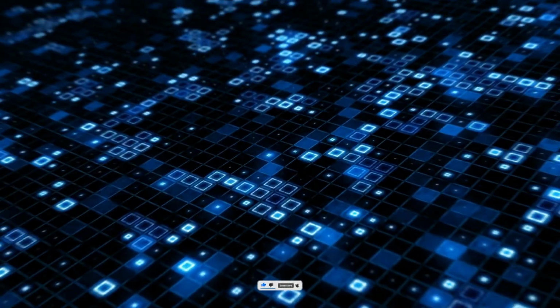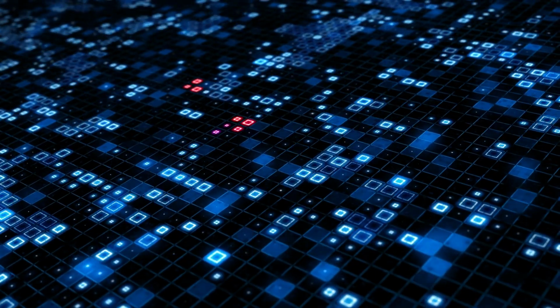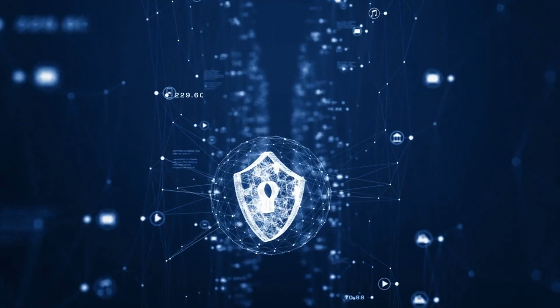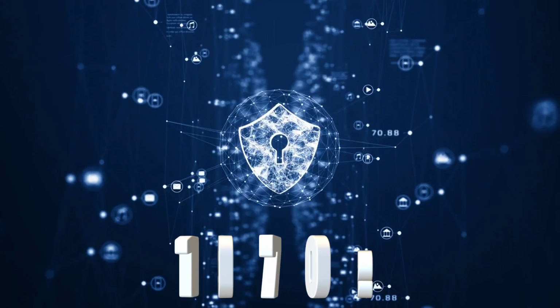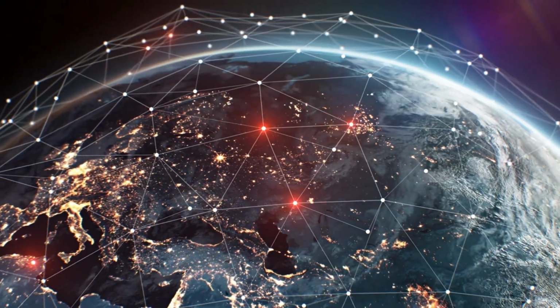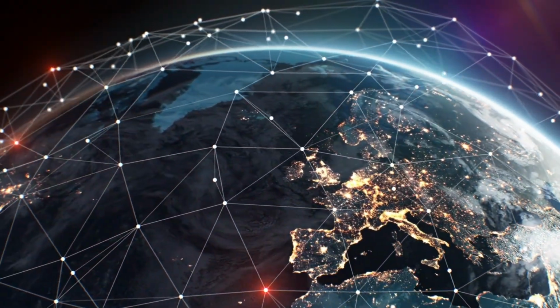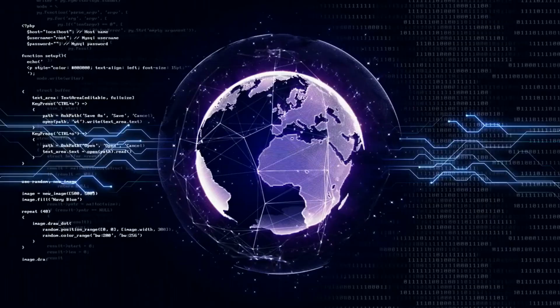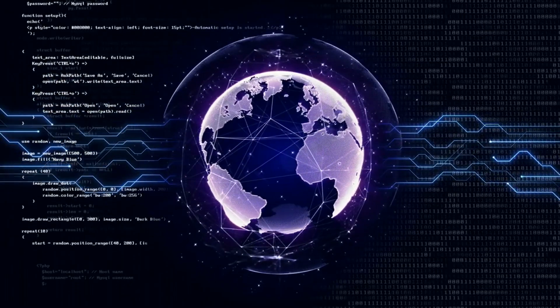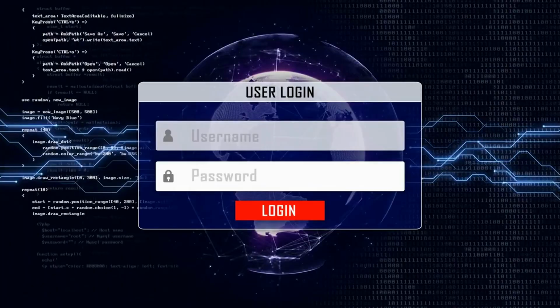Number 1. The early days, basic threats. The origins of cybersecurity can be traced back to the 1970s with the rise of Advanced Research Projects Agency Network, the precursor to the modern internet. Back then, the primary concern was the unauthorized access of data.